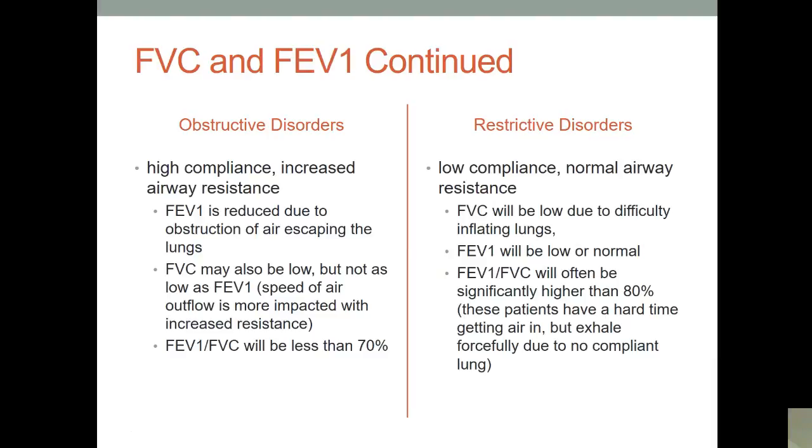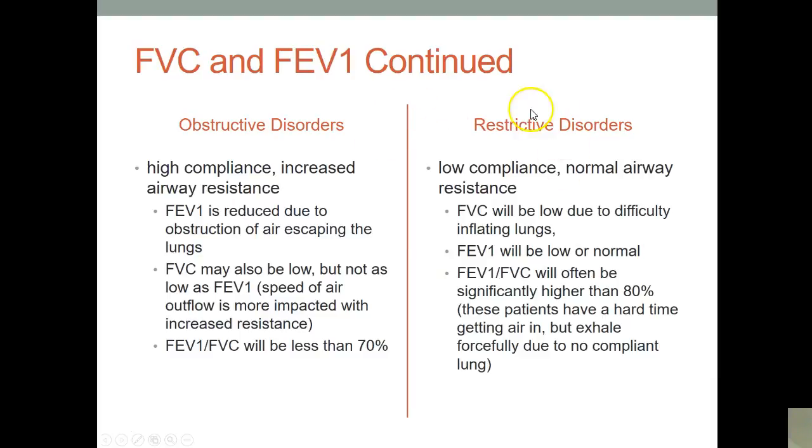When I worked at National Jewish, I saw a lot of patients with emphysema with really low FVCs and FEV1s. Believe it or not, I would see FVCs of 0.4 liters and FEV1s of 0.2 liters. That would be a ratio of 50%. Really low. I've seen much lower than that too.